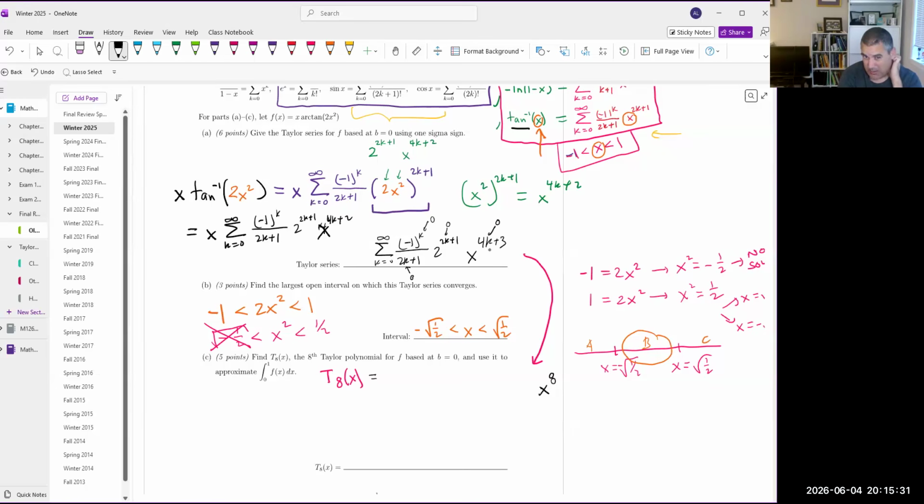So if I plug in a 0, I get 1 over 1, 2 to the 1. So I get 2 x to the third. Now let's plug in a 1 everywhere.